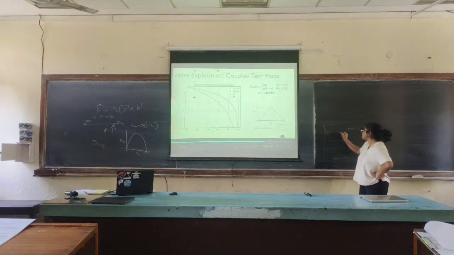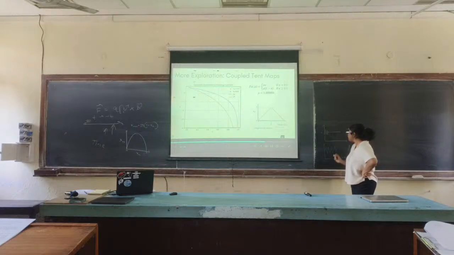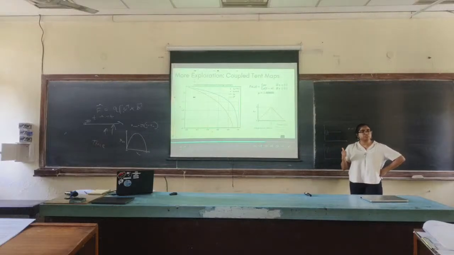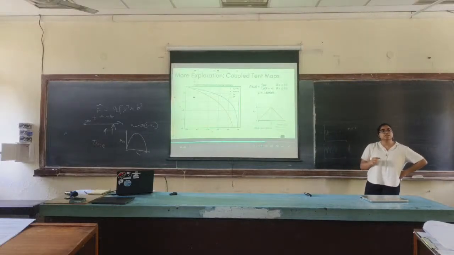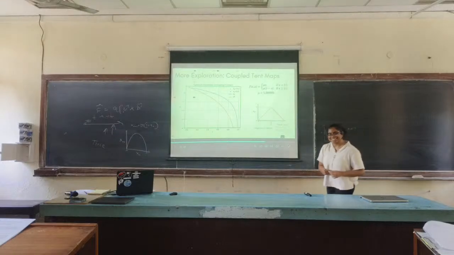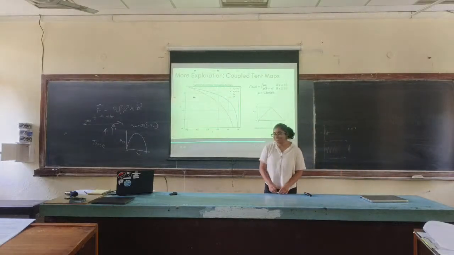Your population basically goes extinct. But the point is, for such a system you don't actually have a limit cycle because it's a chaotic system. Unless there's an attractor, you won't really have the limit cycle.